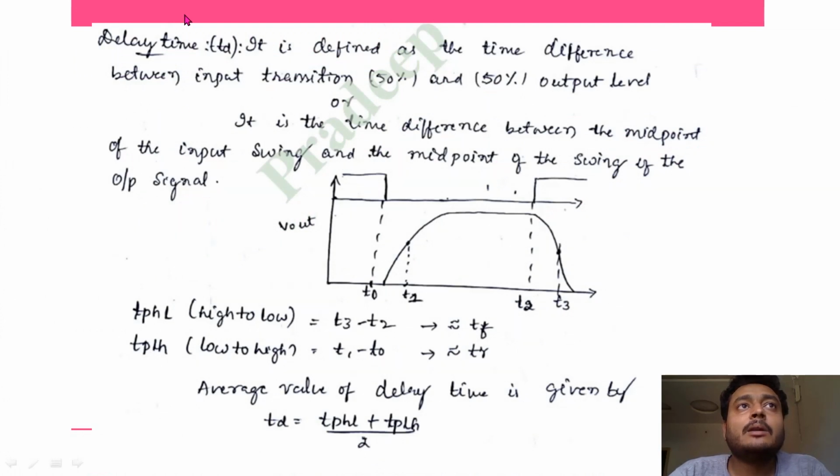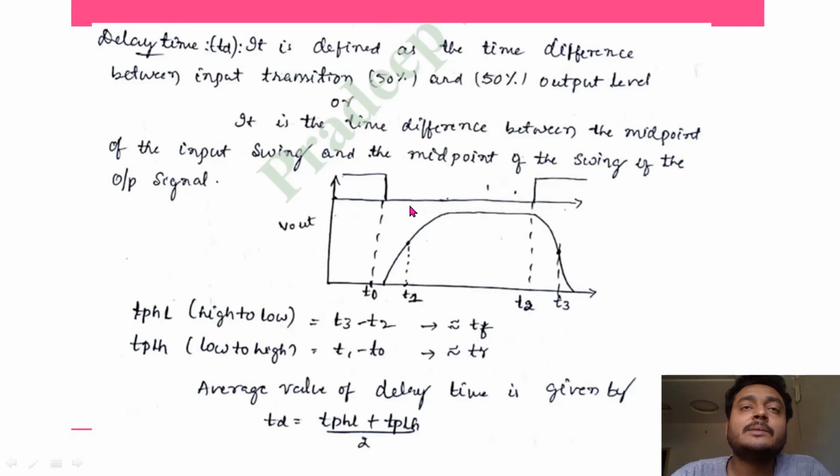Right. So we have another term called delay time. Delay time can be defined as the time difference between the 50% input transition and the 50% output transition. Or you can say the time difference between the midpoint of the input swing and the midpoint of the output swing. Essentially I have two concepts here.